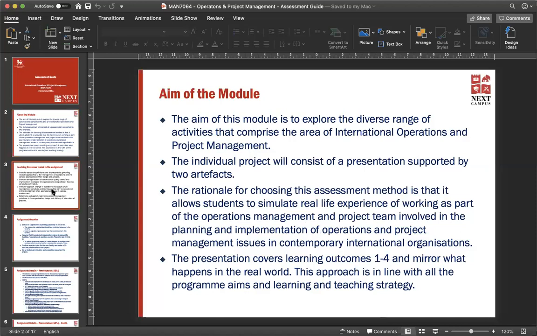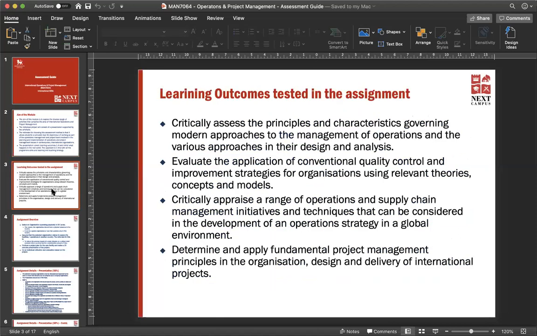Now, there are basically 4 learning outcomes that would be tested. These learning outcomes are evaluated in the answers that you provide, in the reports that you present, in the presentations that you do.